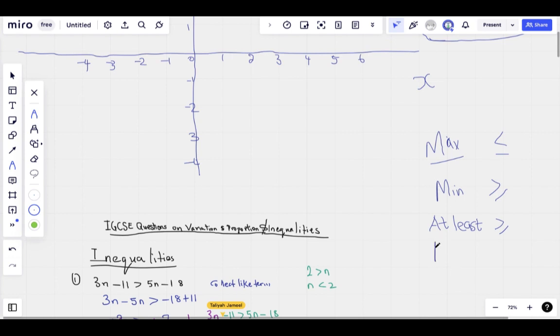Then the words at most in linear programming mean lesser than or equal to as well, just like maximum. At most is like maximum, it means lesser than or equal to.